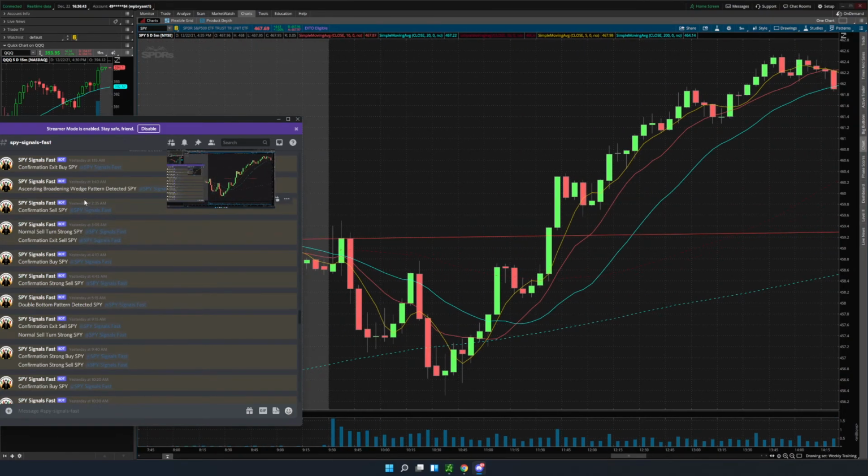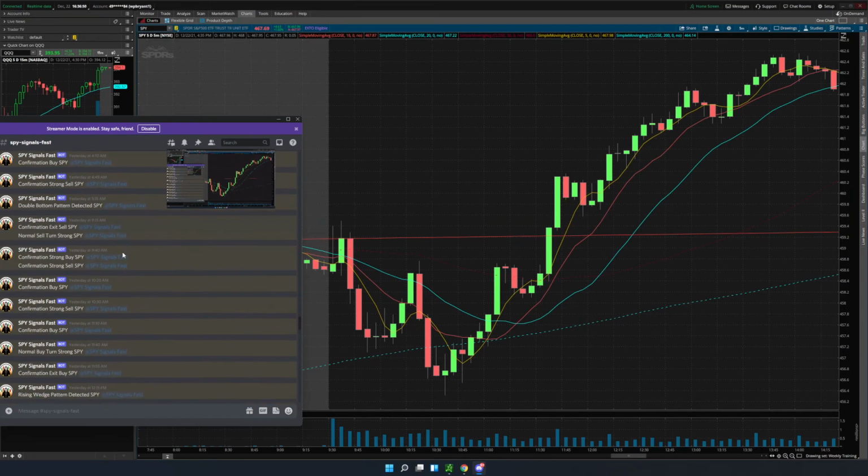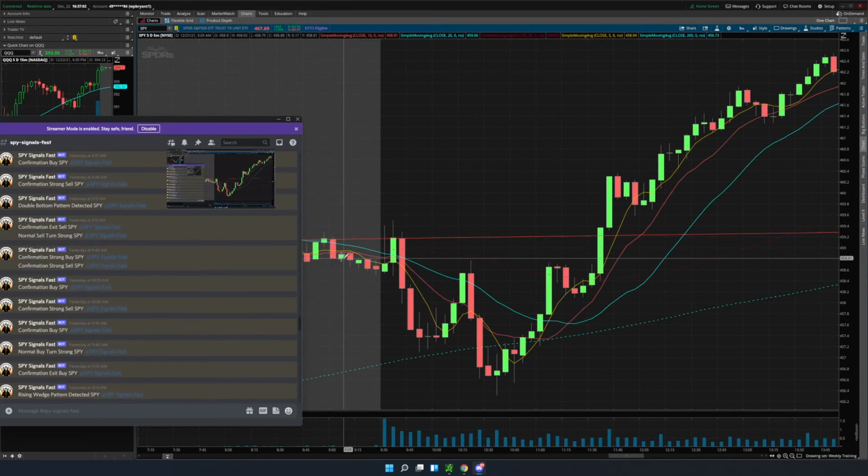But let's see. Overnight, 1 a.m., 2 a.m., 3 a.m., 4 a.m., we had some signals going on from overnight activity. Here's the one to kind of look at it. 9:15 before the market opened. So that would be on this candle.